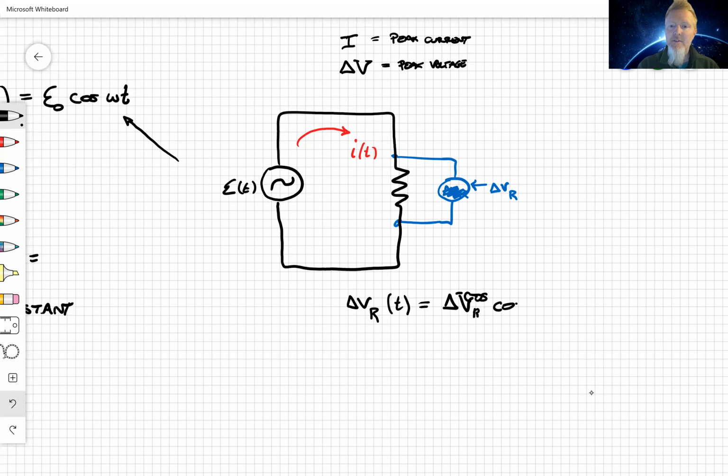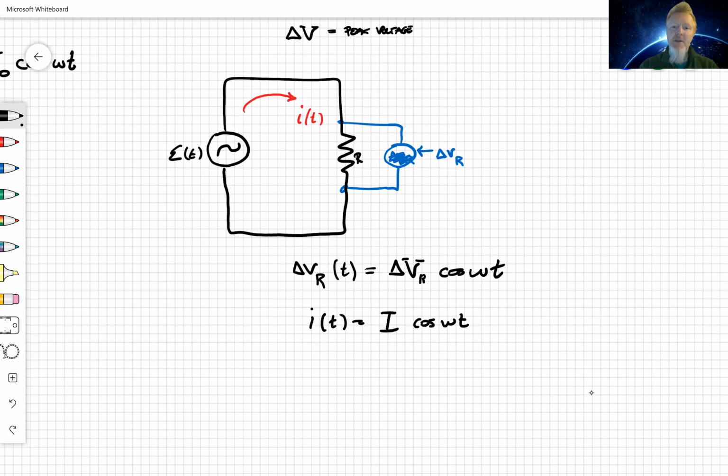Likewise, the current in the circuit, i as a function of t, would be capital I cos omega t, because I'm using capital I as the peak current. And I forgot to tell you, this is resistor R.